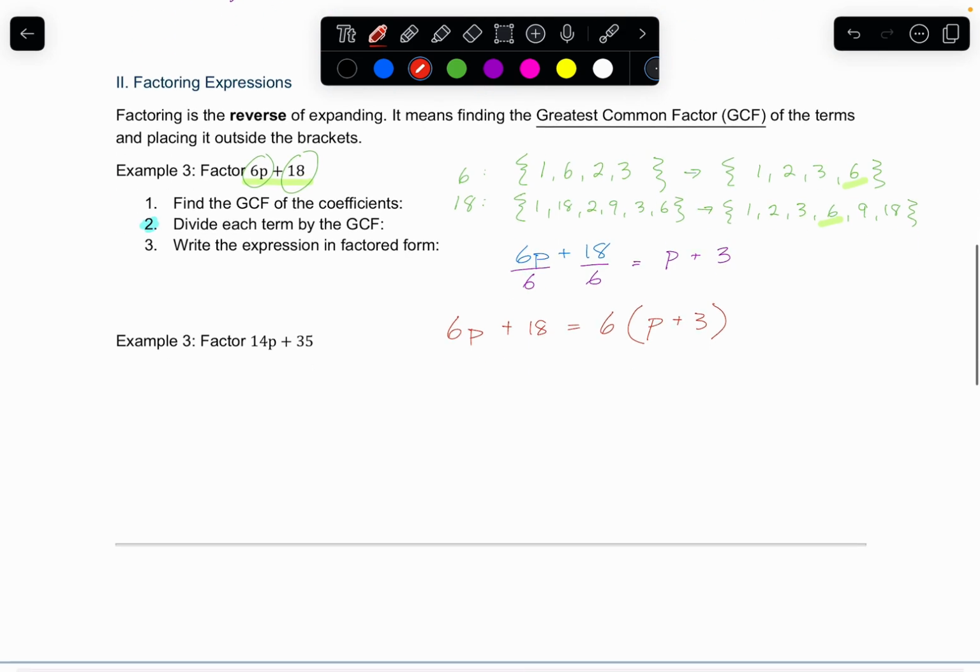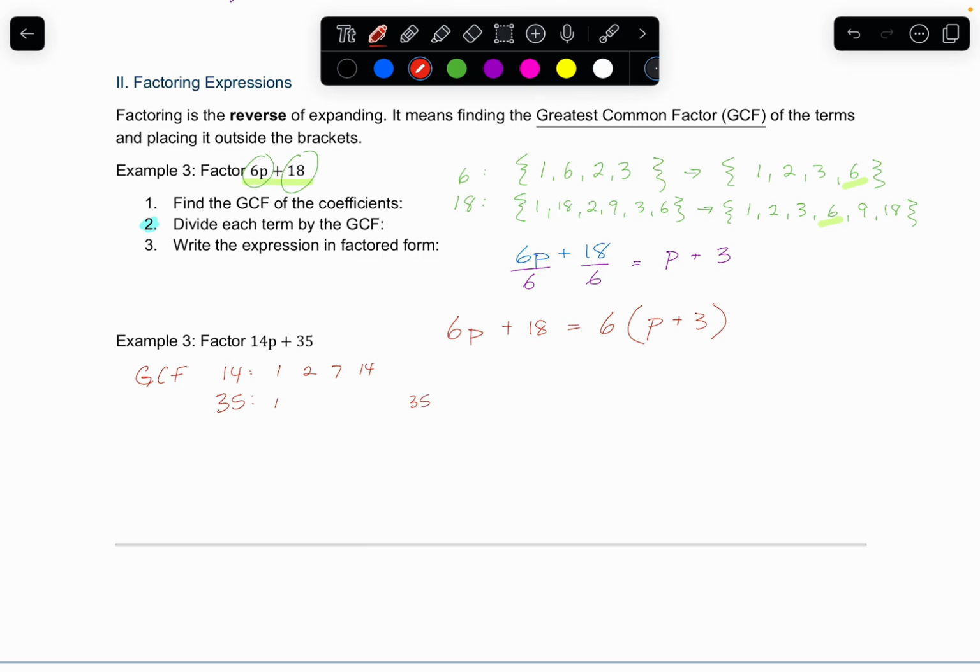Let's try it one more time. To find the greatest common factor of 14 and 35, so the GCF of 14 and 35. Well, 14, we do 1 and 14. We do 2 and 7. 35, let's see, so 1 and 35.